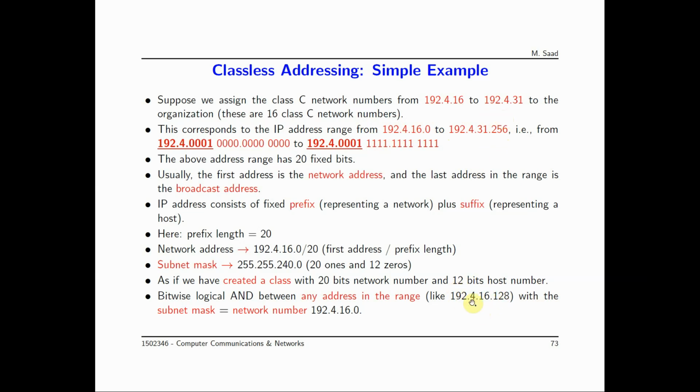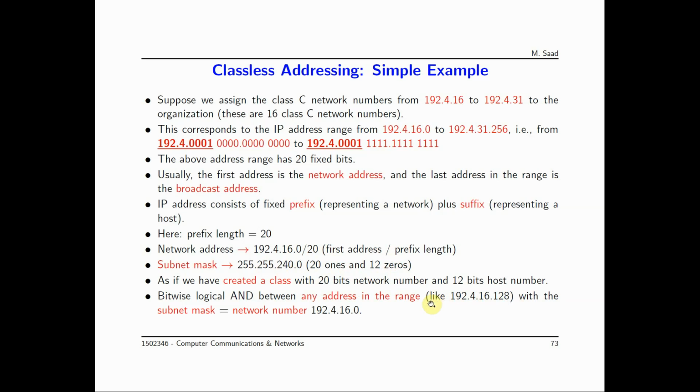If I take this IP address, which is a valid IP address in my network, and I do a bit by bit logical AND with the subnet mask, remember, the subnet mask has 20 ones and 12 zeros.